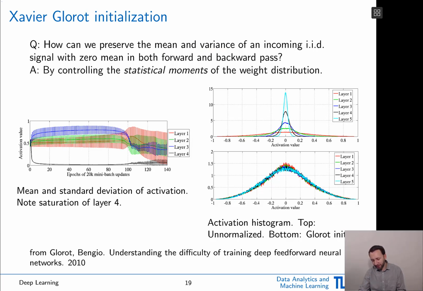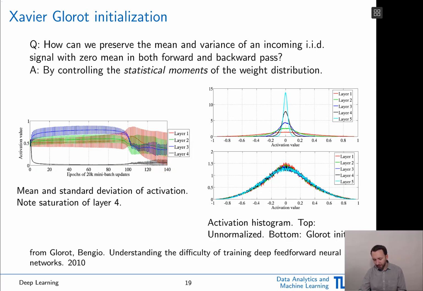What you see is that while the first layers still carry information, in the last layers we're getting some peaky activation function. So the last layers don't contain any information anymore, because we didn't carefully initialize our model, and after some time we converge to a solution which is not too helpful.